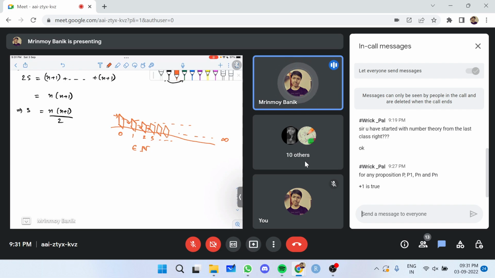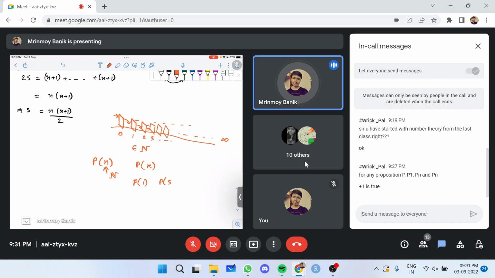If there is a statement P which you can index by some natural number n, and you want to check whether statement P holds for all natural numbers, you can try out locally whether it holds for, say, k equals 1 or 2, or if P1 holds, you can check that manually.